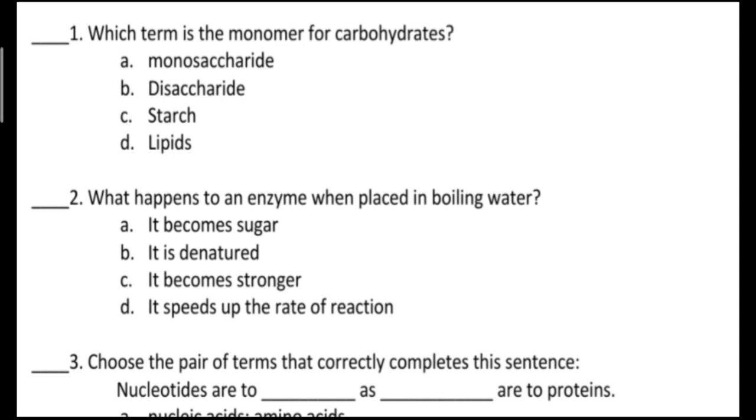When I say monomer, they are the building blocks or simple forms of given macromolecules. Our macromolecules are carbohydrates, which are the sugars, lipids, where fats belong, nucleic acids, and proteins.